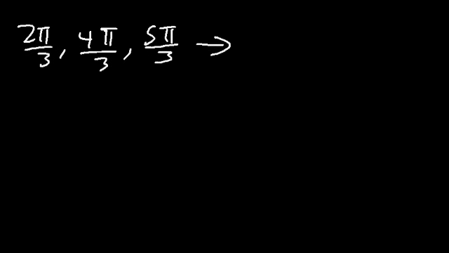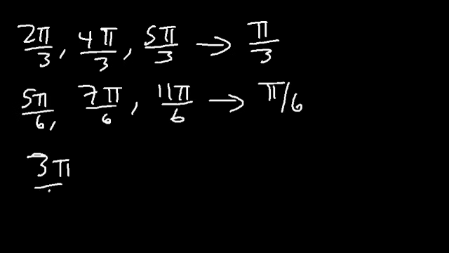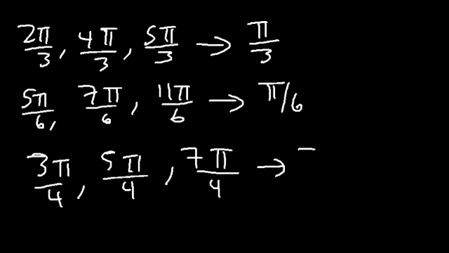They share the same reference angle, which is pi over 3. 5 pi over 6, 7 pi over 6, and 11 pi over 6 share the same reference angle, which is pi over 6. 3 pi over 4, 5 pi over 4, and 7 pi over 4 share the same reference angle of pi over 4.